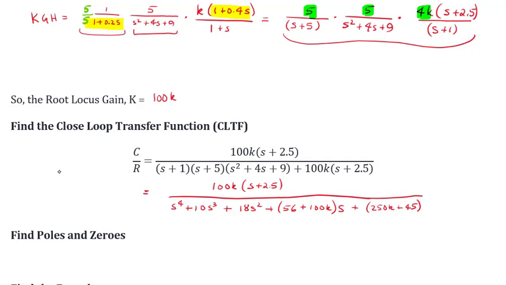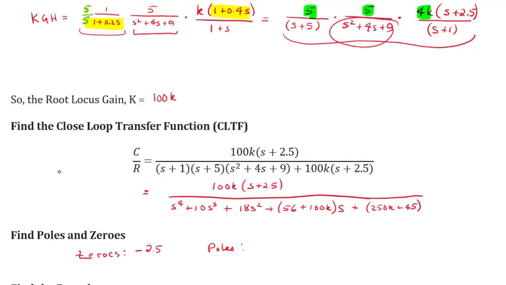So that means the number of poles is going to be 4. We've got 1 zero. The number of zeros is 1, and it's at -2.5. And the number of poles is 4. And we can see some of them.